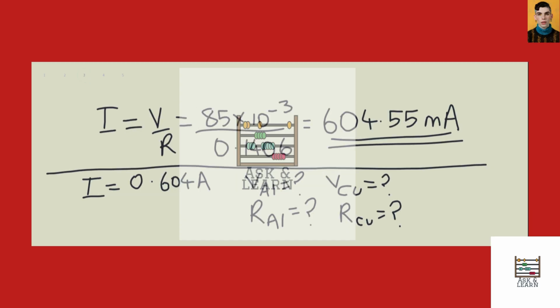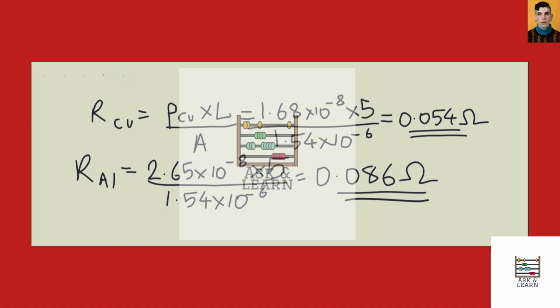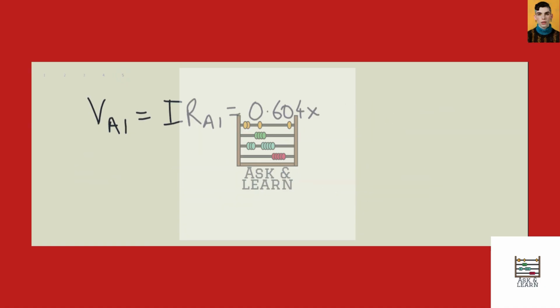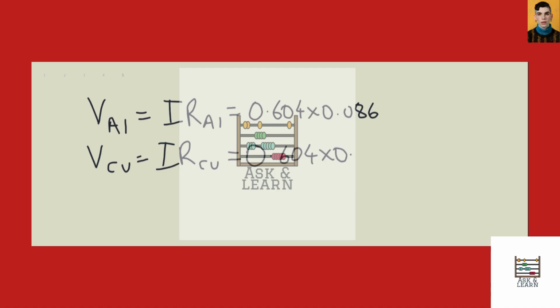That's going to be 0.604 times 0.086, and the voltage of copper is going to be the current times the resistance of copper, which is 0.604 times 0.054.